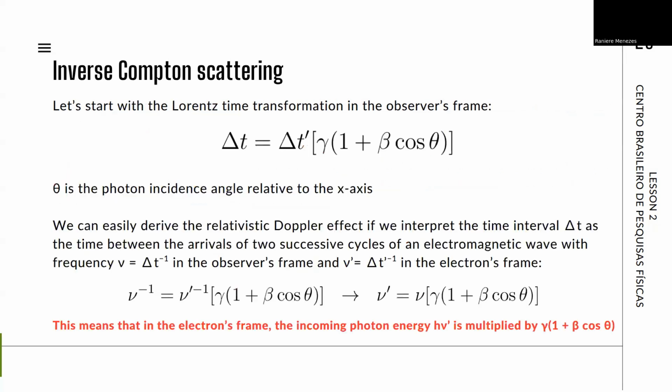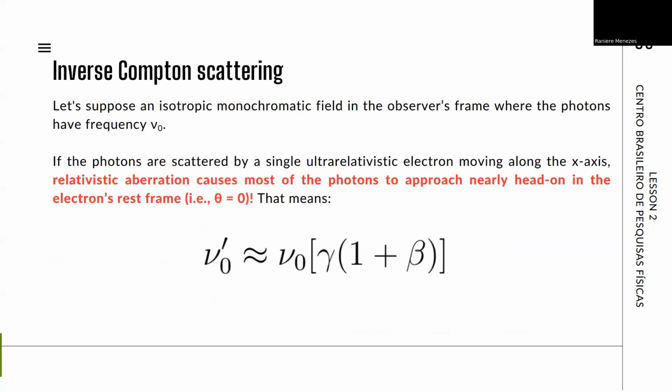So the formula was this one here. If they come head-on for the electron, cosine will be cosine of 0, which will be 1. So it will simplify our equation. So in the frame of the electron, the incoming radiation will be boosted by this factor here. And it will come only from the direction of the motion. We are in the ultra-relativistic case.